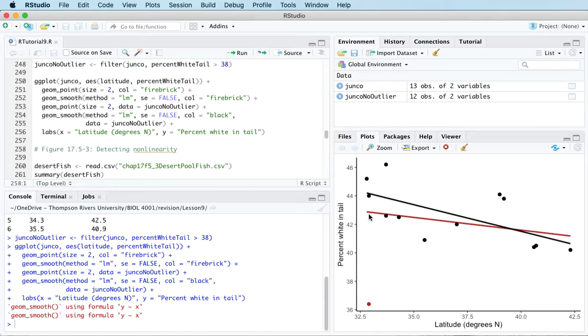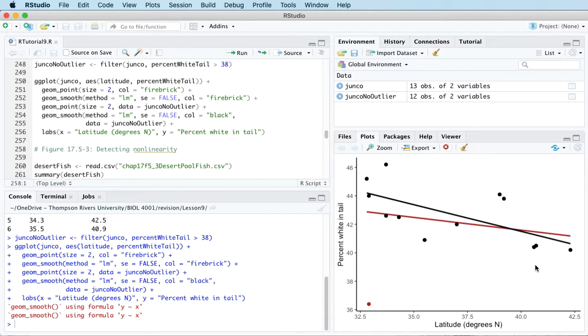What that's telling us is that if there is a linear relationship between the response variable and the predictor variable, it's not a particularly strong one, because my regression line is quite close to being horizontal. I suspect that if I were to do a hypothesis test for the slope here, I probably wouldn't be able to reject the null hypothesis that the population slope is 0.